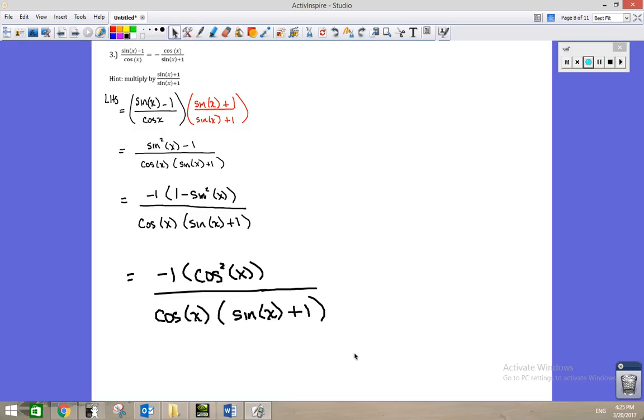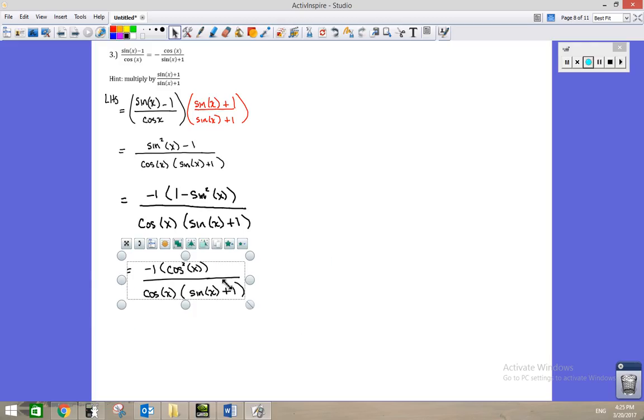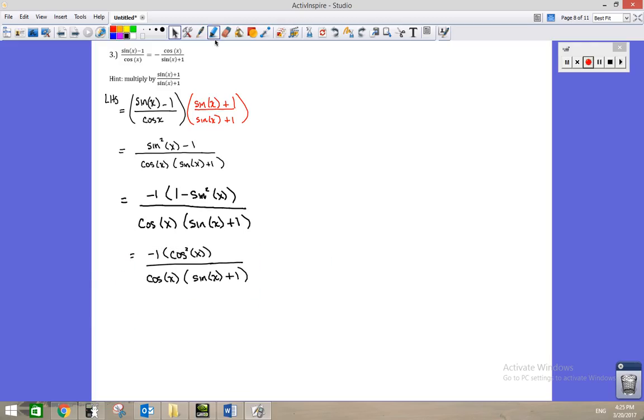So we can put that negative 1 just as a negative sign out in front of the fraction. Since it's cosine squared, that's cosine times cosine, and that's going to cancel with a factor of cosine in the denominator. So instead of cosine squared, we're just going to have cosine, because the other factor of cosine is going to cancel with this one. And in the denominator, I have the sine of x plus 1. So that's what we have on the right-hand side. So we're done.